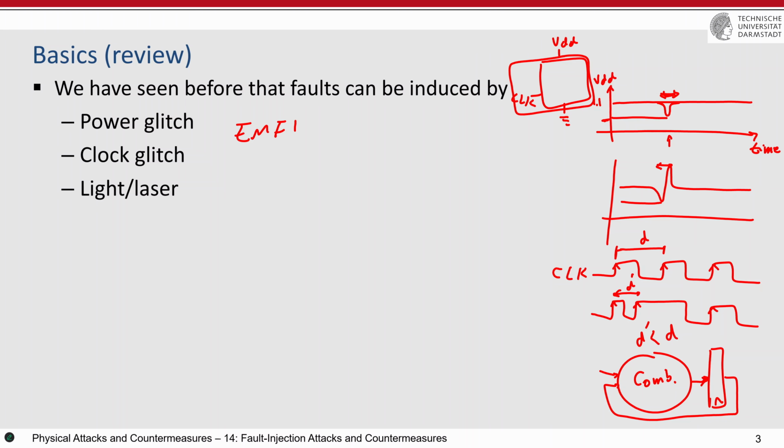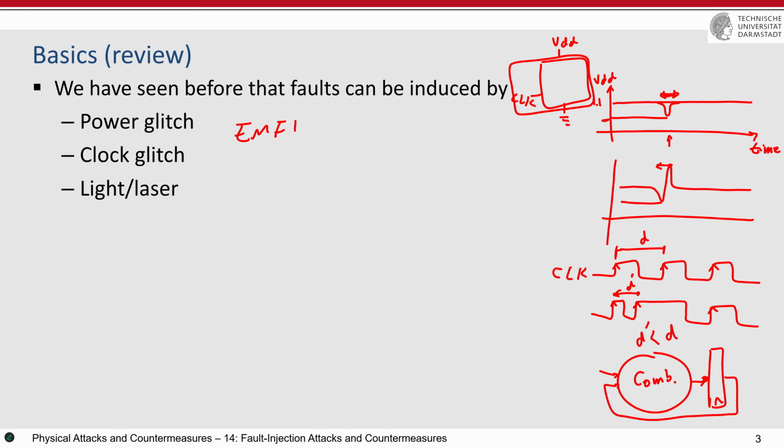It has a very strong effect on the circuit, and then it changes the computation, so wrong values will be stored in the register. EMFI usually is not able to directly change the content of the registers. Laser can do that, but EMFI usually cannot.